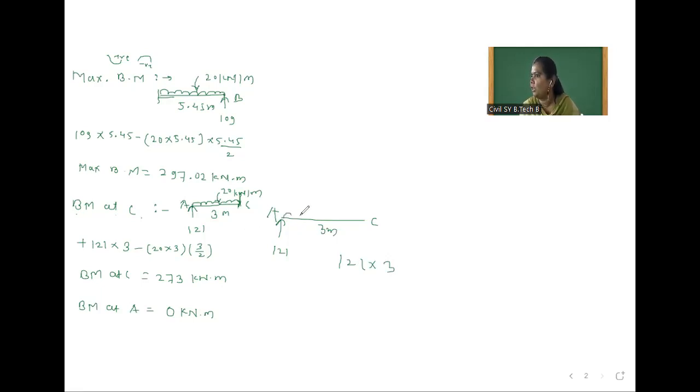Now we will draw this uniformly distributed load between A and C. This uniformly distributed load is 20. Okay, and this pushes downward, that means hogging type of nature will be there. So minus. First we will convert UDL to point load. So 20 into 3, and it will act at 3 by 2. Now your doubt is, at C point, one point load is applied, right? And the intensity of the point load is 30 kilonewton.